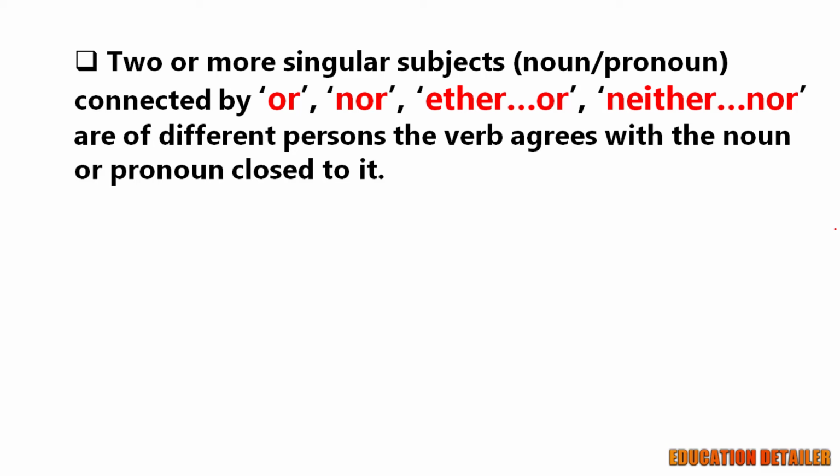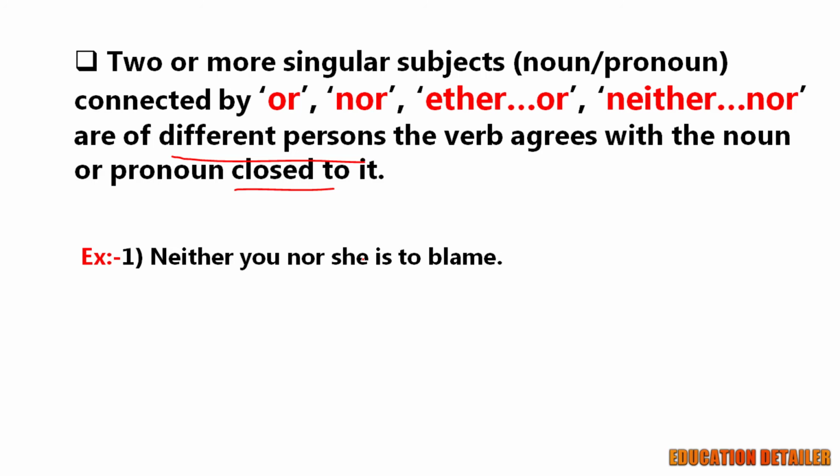If the subjects joined by or, nor, either or, neither nor are of different persons, the verb agrees with the noun or pronoun closest to it. Neither you nor she is to blame.